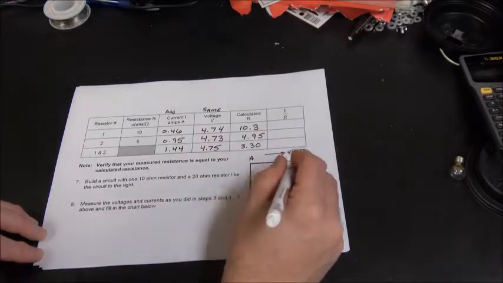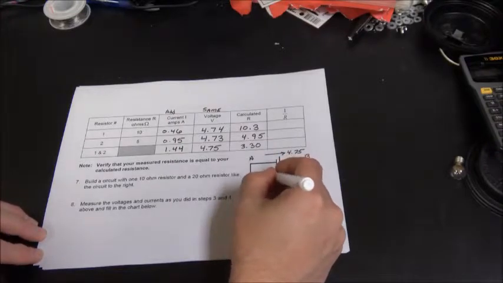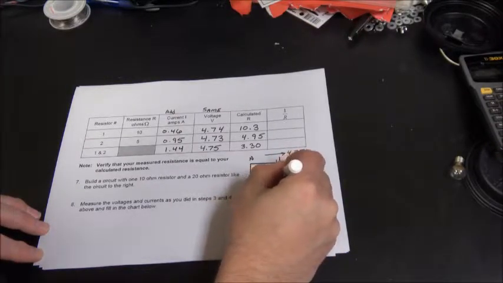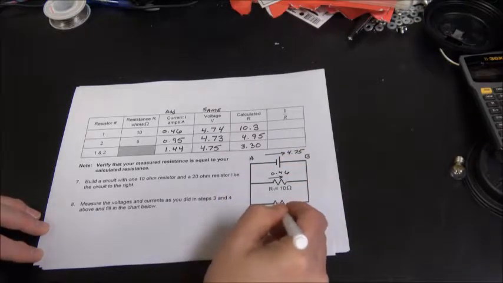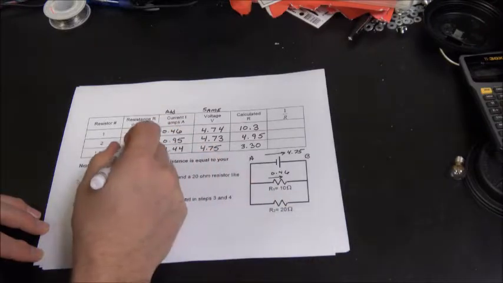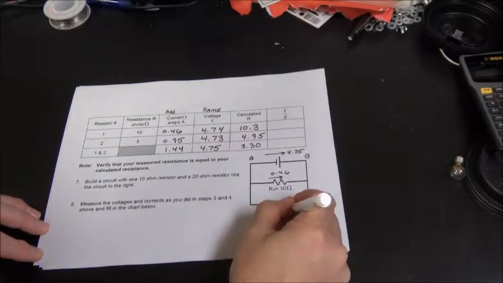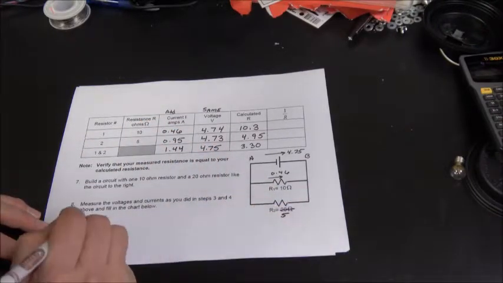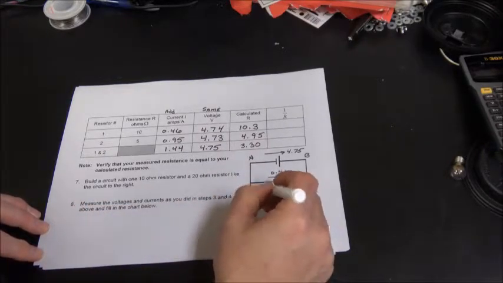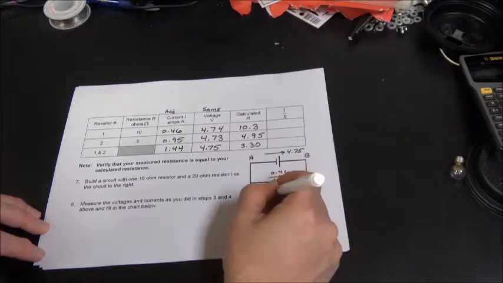In this resistor, we get 0.46 amps. And in this resistor, oops, I have a 5 here. This should be 5, not 20. And in this resistor down here, the 5, this is 0.95 amps.